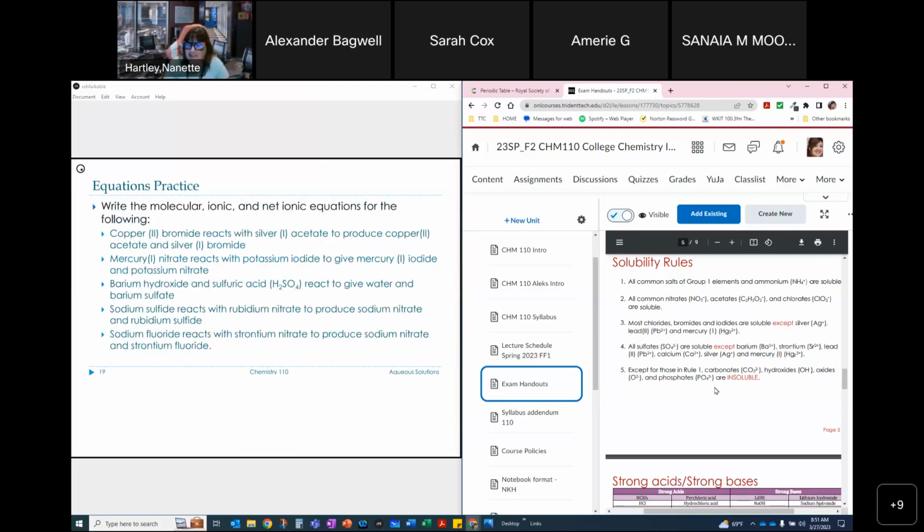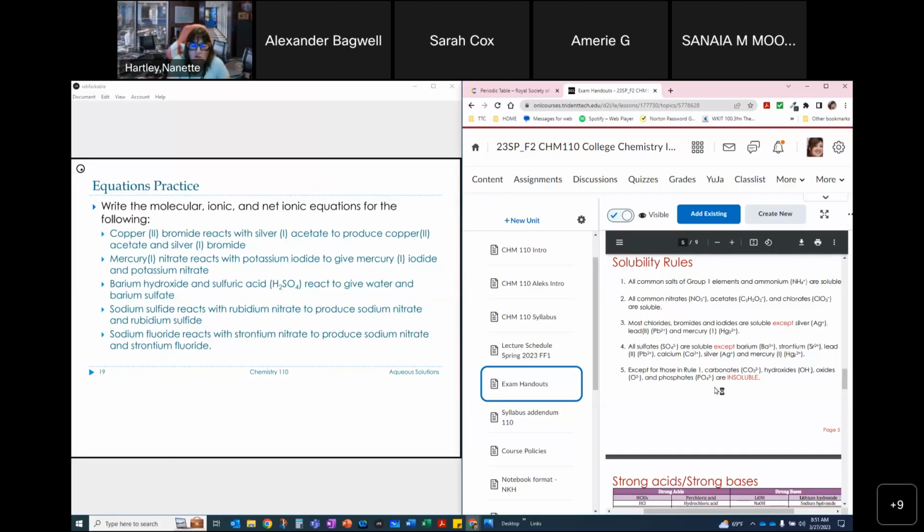So practice. We absolutely need practice. So I want you to write molecular, ionic, and net ionic equations for the following things. Now I'm going to give you some time to do this, and then I'm going to walk through what I would have written for the molecular for all of them.